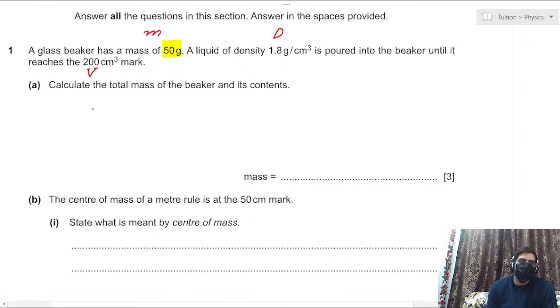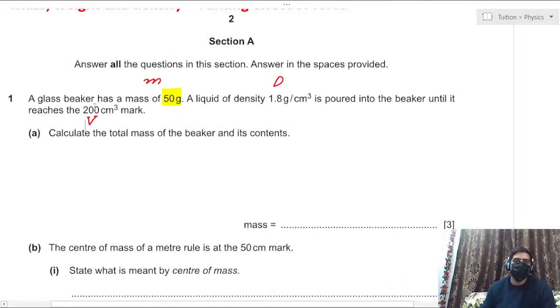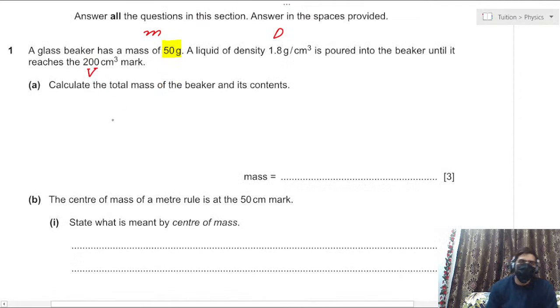Calculate the total mass of the beaker and its content. All right. So mass of the beaker plus mass of content. This is what we need to calculate.